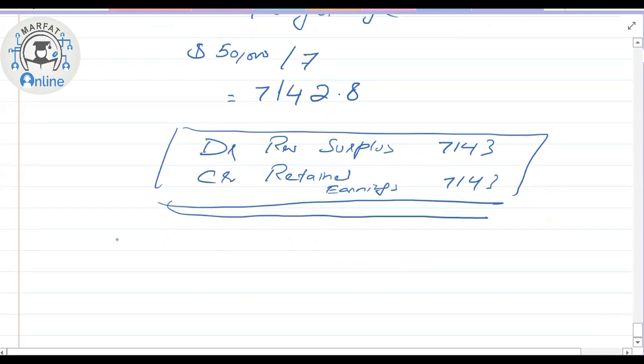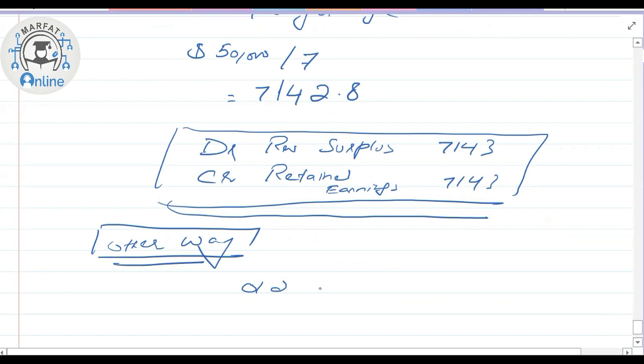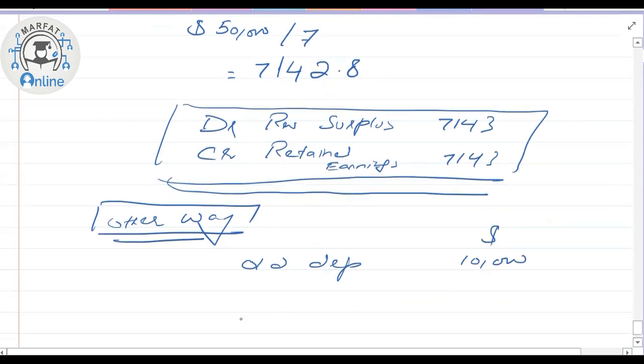This can be shown in some other way. The other way to show it is to look at the old depreciation. The old depreciation was 10,000, if you remember. What is the new depreciation we calculated?